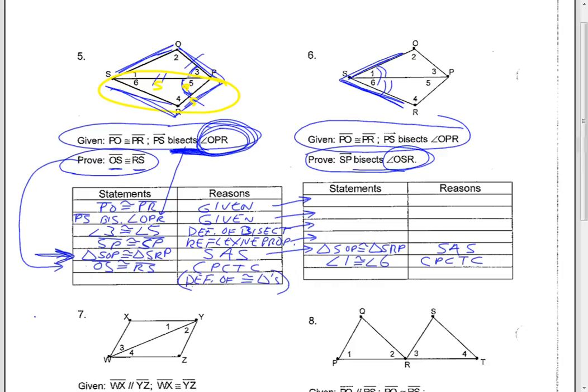Well, if those 2 are equal, doesn't that mean that SP cut it in half? Now you can write your proof statement. SP bisects angle OSR. What do you think your justification is?